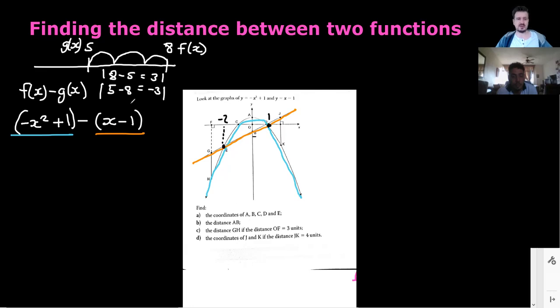So what I want to do is I want to just get this function for a distance. So we're just going to say the distance equals. So the distance between these two functions would be negative x squared minus x plus 1 plus 1 plus 2. Okay. Now let's say that I subbed in minus 2.